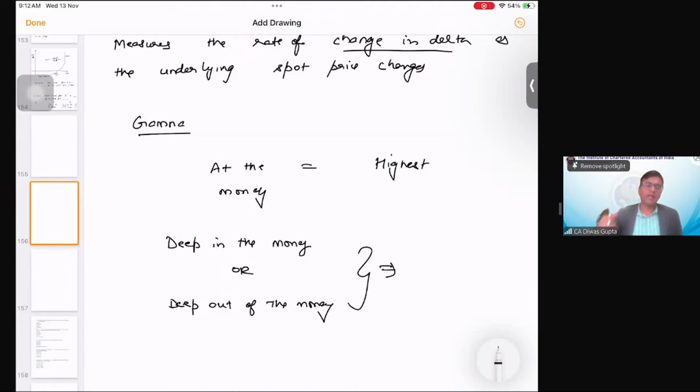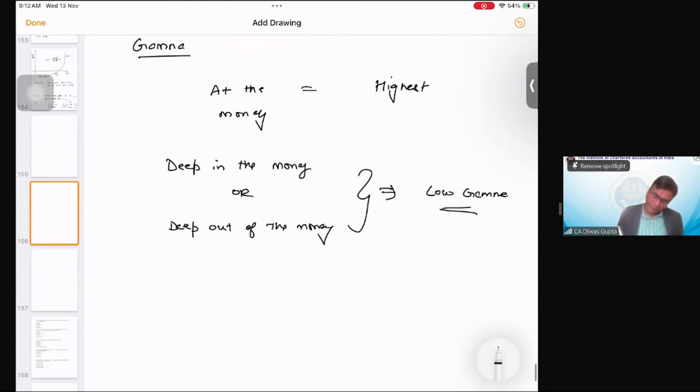So the gamma, which is the change in delta, will also be low, because the delta is not changing that fast. So it will become zero. The delta is zero only once the option is deep out of the money, right? So the gamma will be low because the delta is not changing.